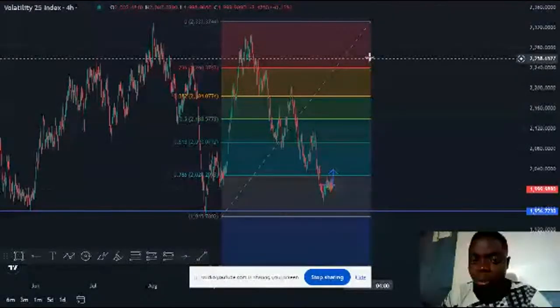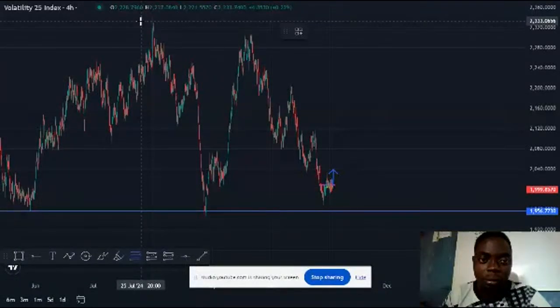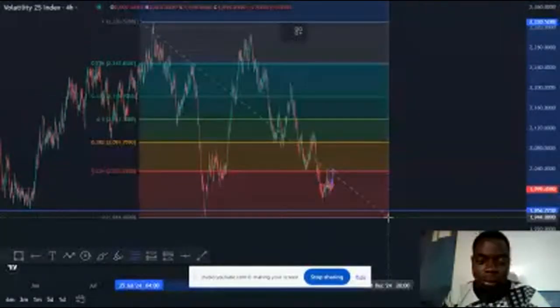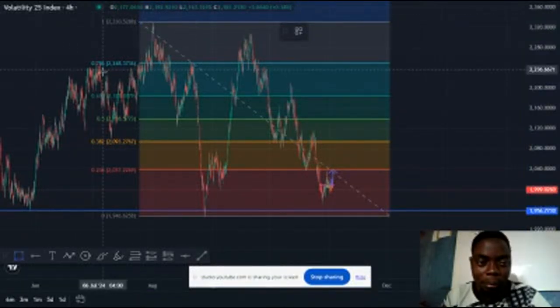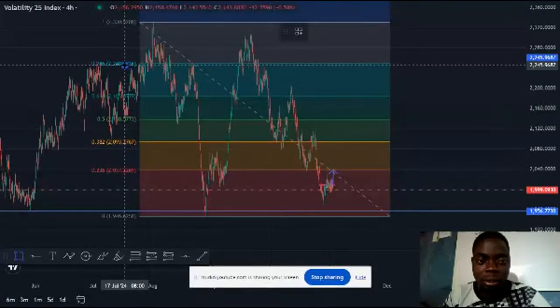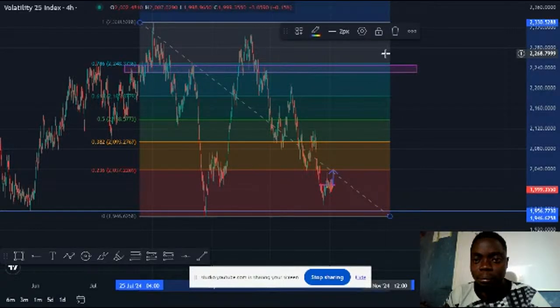Okay, I think I did that wrongly. So you want to measure from here down to that point. You want to be selling from premium areas, at most from this level, and you can see that is a powerful level to sell from.